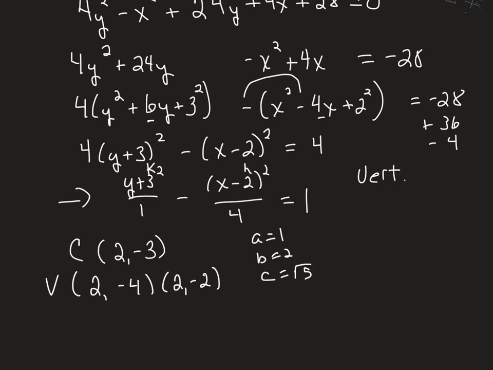So these are our vertices. Our foci are going to be (2, negative 3 minus the square root of 5) and (2, negative 3 plus the square root of 5).